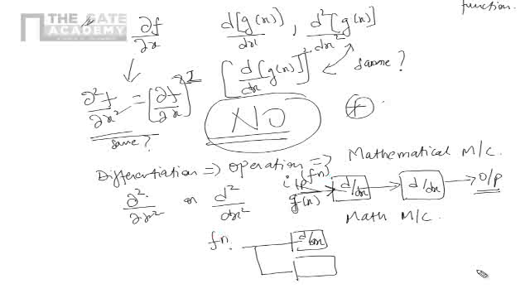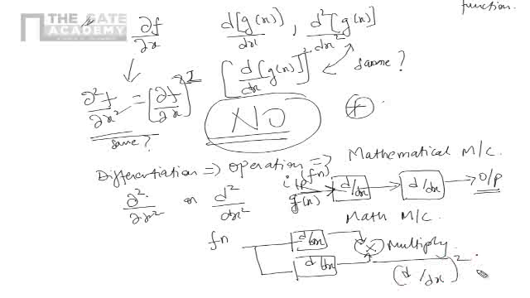Similarly, I can supply a function here, do d/dx, and take this and multiply here. This is what I do when I do d/dx the whole square.